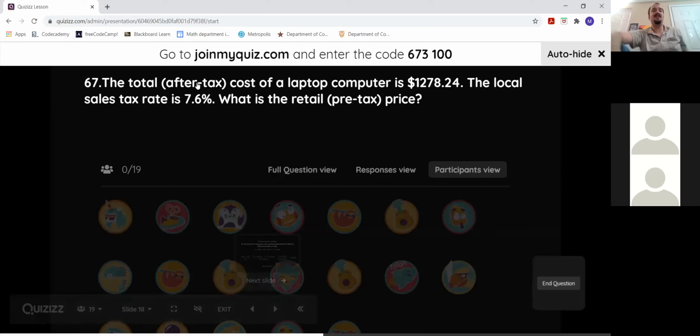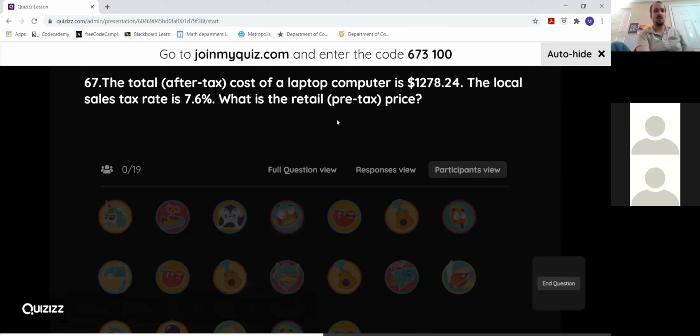Okay, so what they're saying is that this after-tax price is going to be 7.6% more than your pre-tax. So I want to go over how to think about this, because this one is a little bit backwards maybe from how you might solve it, right? Yeah, that's right.